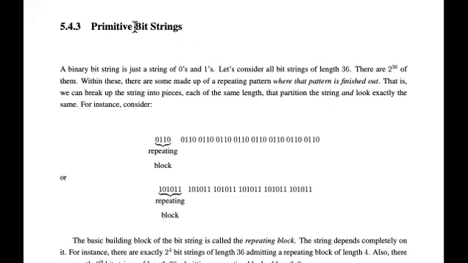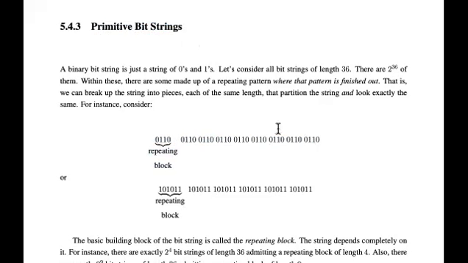So bit strings, meaning binary strings, strings of zeros and ones. Primitive bit strings are those that are not of the following form. So imagine this is a whole bit string, but we've put spaces in there so you can visualize what is not making it primitive.